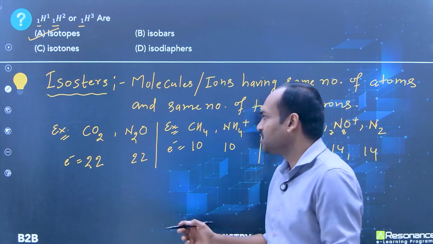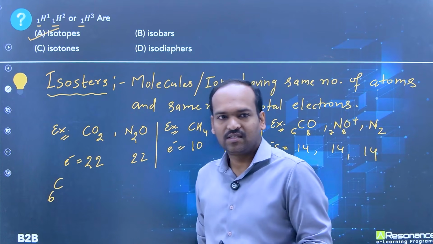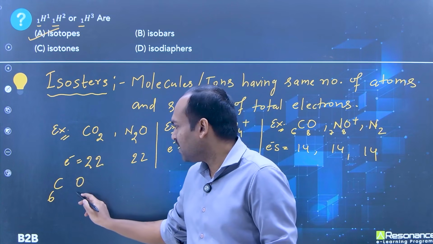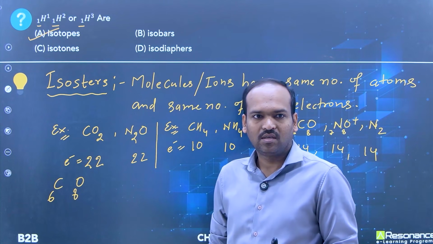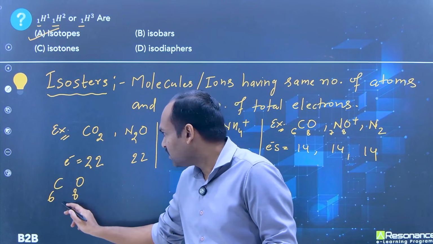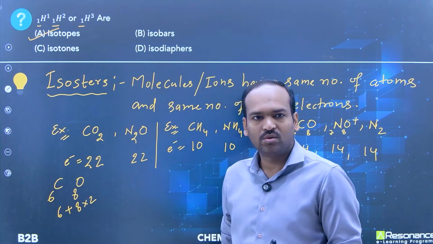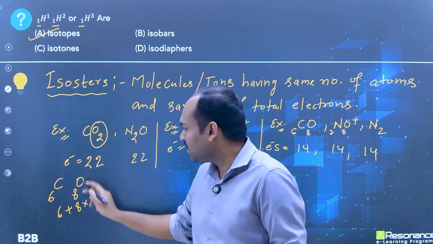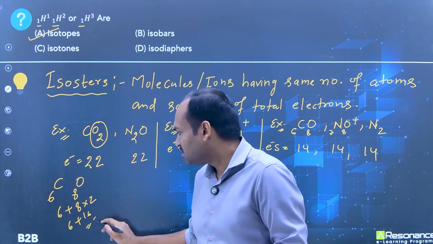First example: carbon atomic number 6 and oxygen atomic number is 8. Now clear? This is 6 plus 8 into 2. Why 8 into 2? Because there are 2 oxygen atoms. So 6 plus 16, 22.